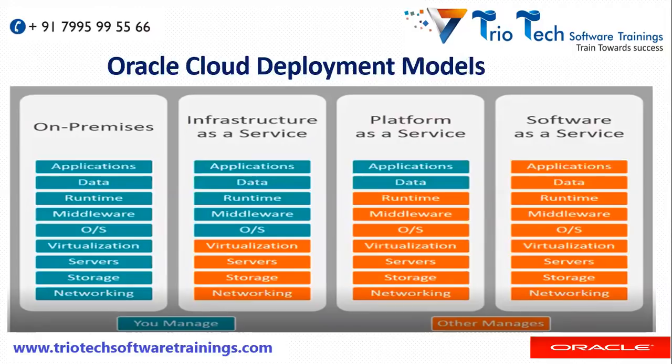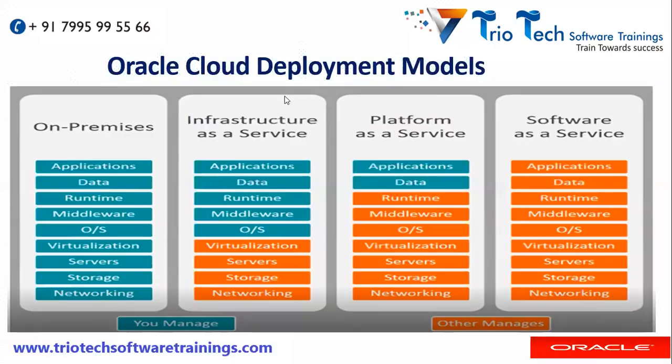When we say on the premise, it means that the ownership of the premise application will be with the organization, managed and owned by the organization. From networking to the application, everything, even your servers, will be managed by your own organization.